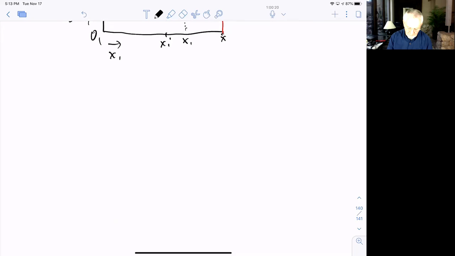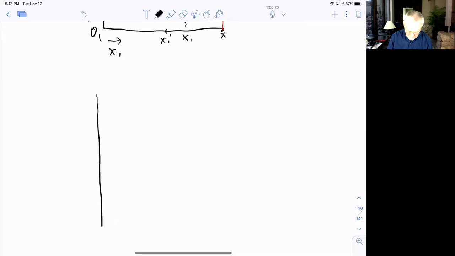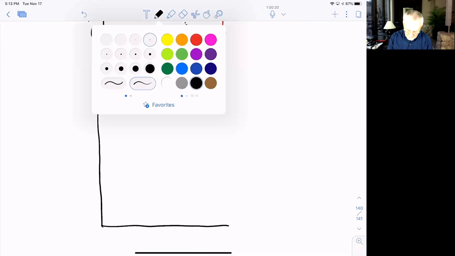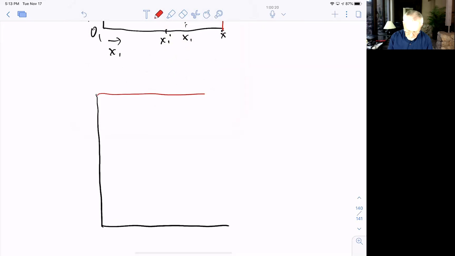Now, let me come back to my box one more time here. Let me draw it again. And my dimensions are always the same, even though they don't look like it.